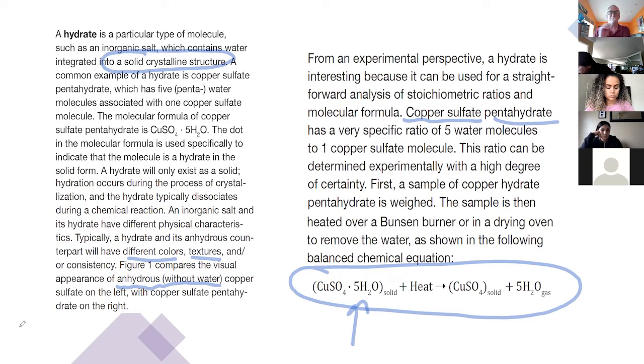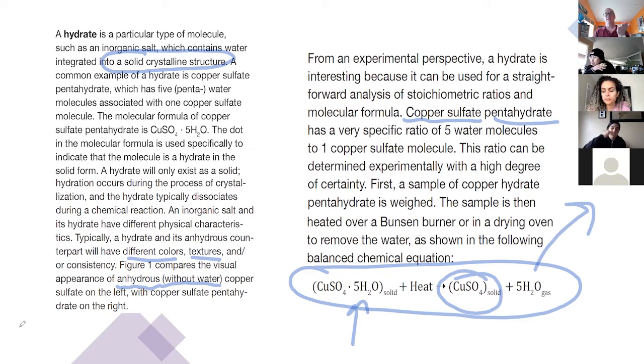So in this instance, when we heat copper sulfate pentahydrate, the two products we get are a solid of just copper sulfate, and then the water is released as a gas. And so what we are looking for is the change in mass from the hydrate to the anhydrous form.